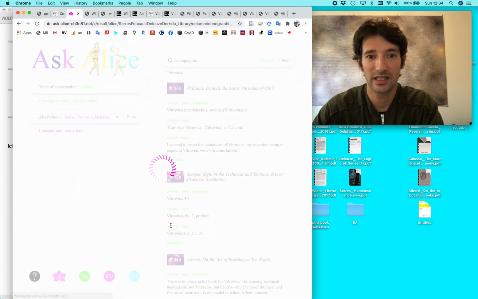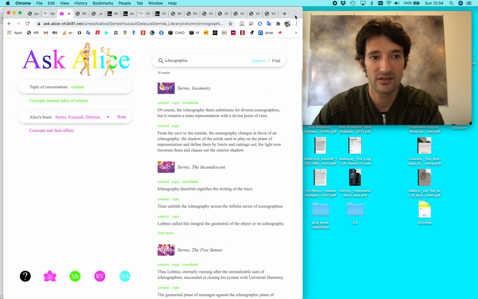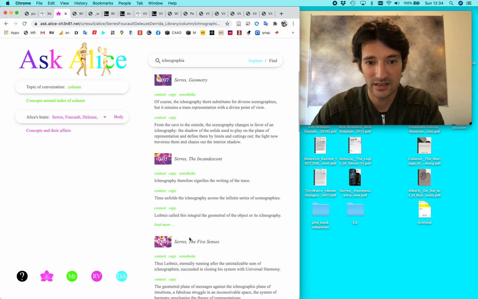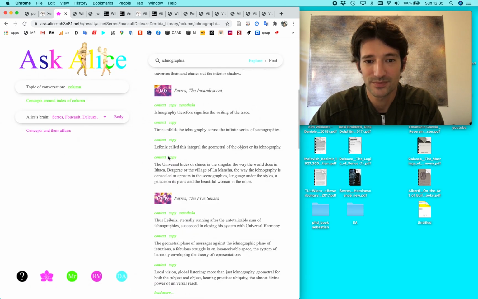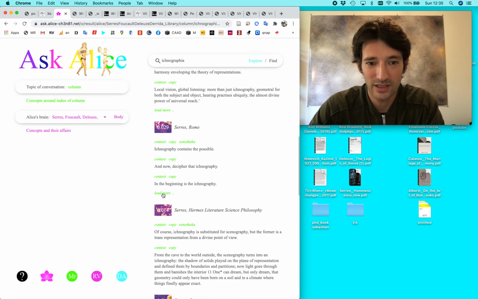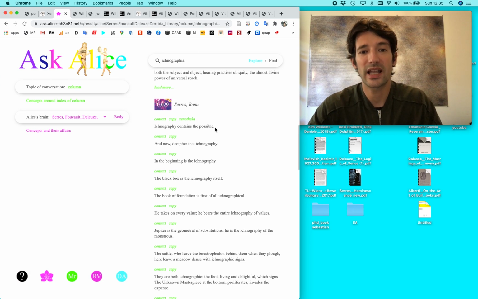Ichnographia, and see what Xenotech can tell us. So 56 results. This is fine. Iconography therefore signifies the writing of the trace. Time unfolds the iconography across the infinite series of scenographies, and so on. And look at here. Iconography contains the possible, and now decipher that iconography.